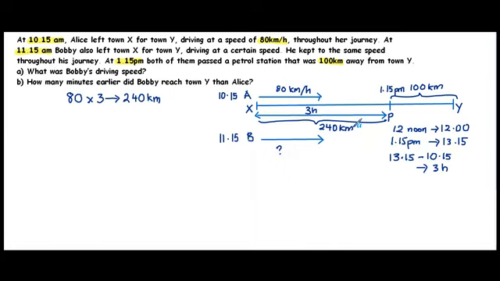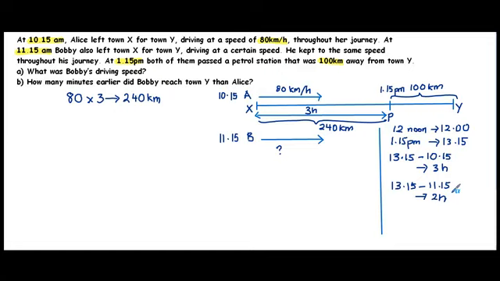Since Bobby left town X at 11:15 a.m. and passed P at 1:15 p.m., this means Bobby took 2 hours to reach P. Again, we can compute the time taken by Bobby here: 13:15 minus 11:15 would give us 2 hours.